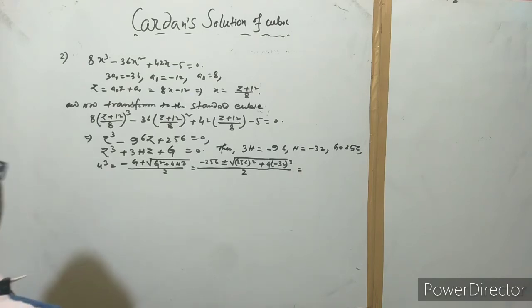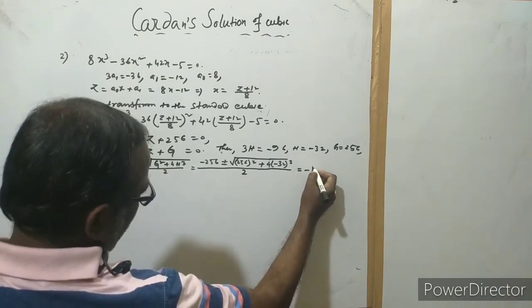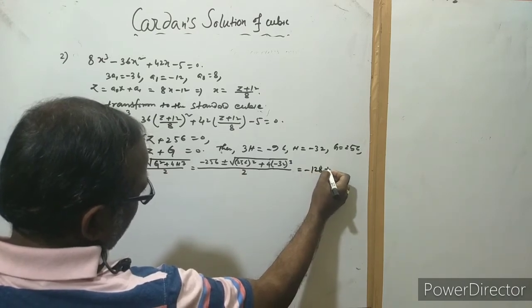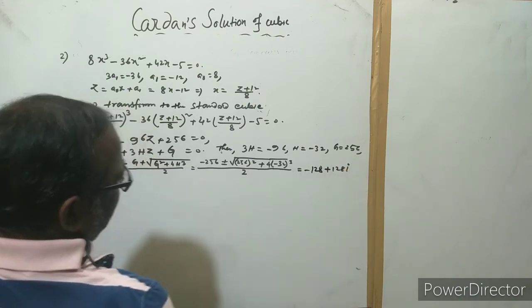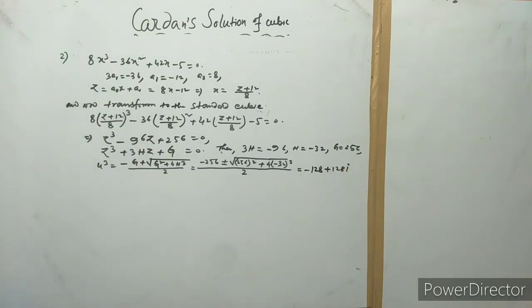and we get here minus 128 plus minus 128 into i. Okay, if we simplify this, we get root over minus 128 whole cube minus and 128 whole cube. Okay, so this is the transformation.